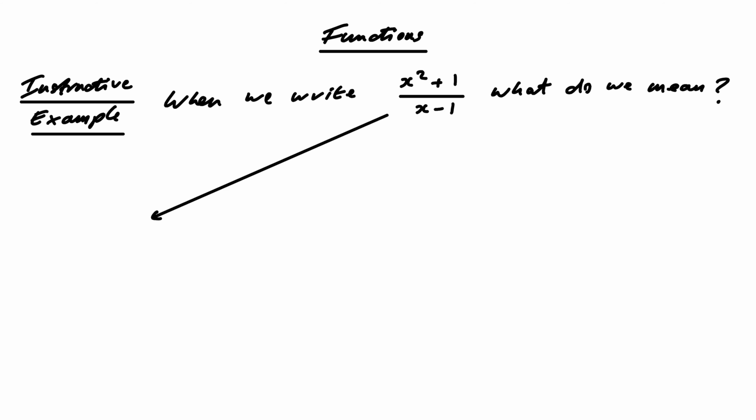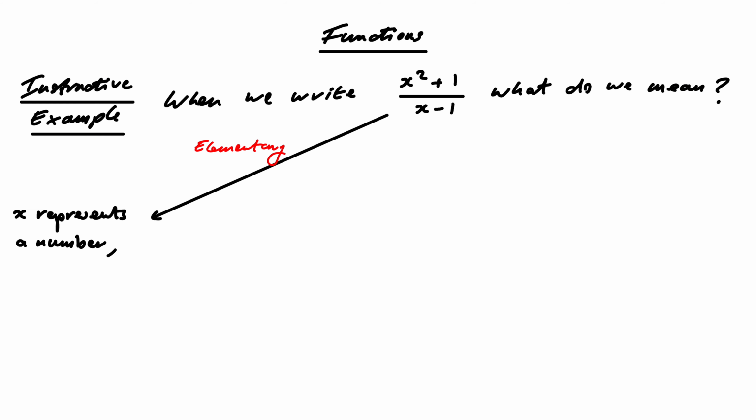So maybe I'll call this the more elementary interpretation, in the sense that it's the one that we've been thinking about up until now. So, as I said, x represents a number. Of course, it represents a number.